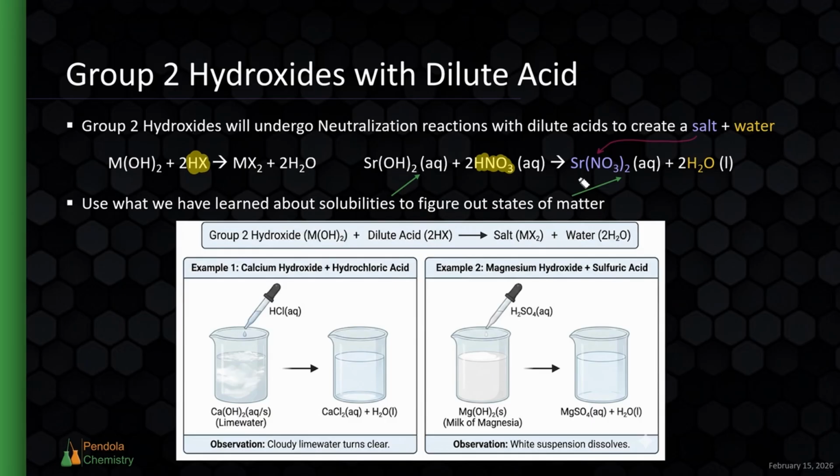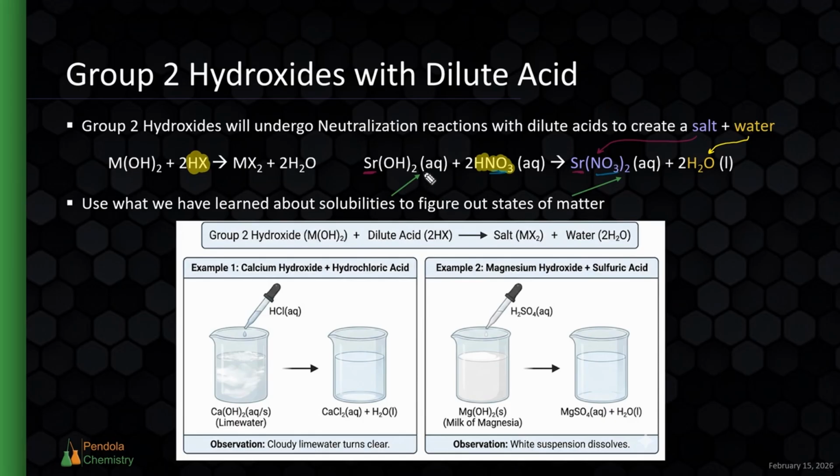The cation is going to come from the group 2 metal, and the anion, in this case the nitrate, is going to come from the acid. So here we have strontium hydroxide reacting with nitric acid, and it creates strontium nitrate as well as water. Water is always going to be the other product, as it always is in neutralization reactions.